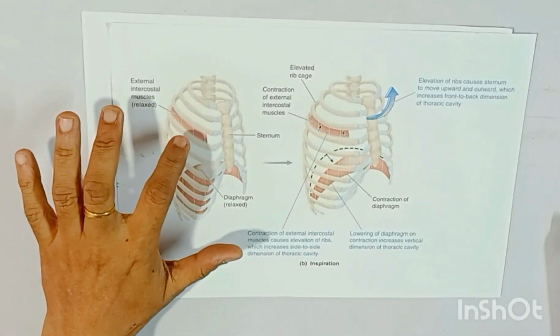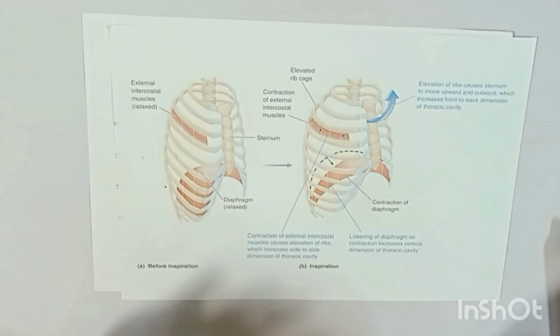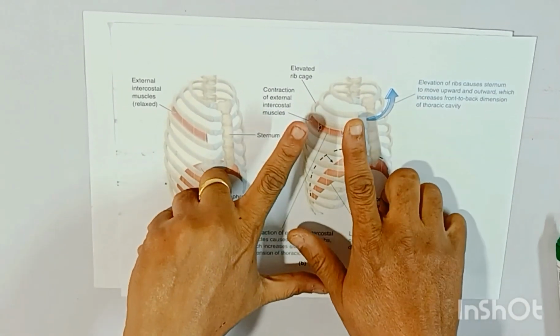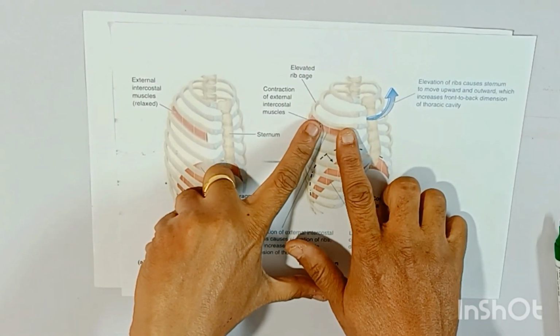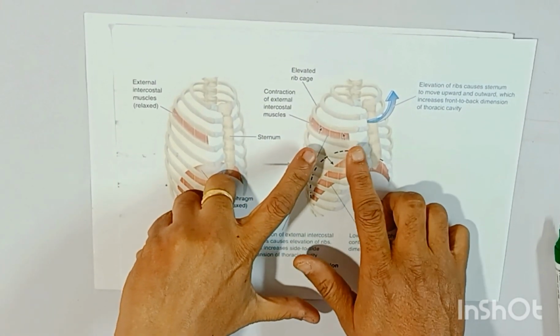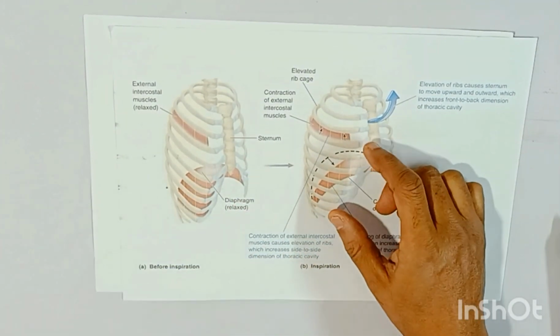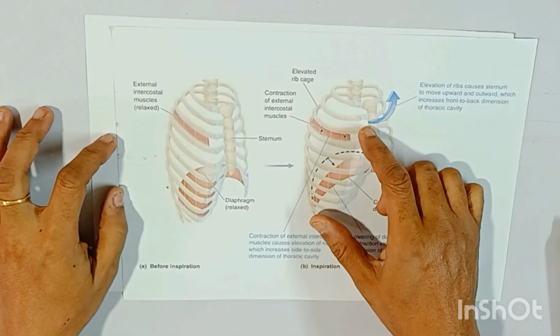So these are the external intercostal muscles. See, the arrows are given upward. The contraction of the external intercostal muscles pulls up the lower ribs from where the upper ribs are placed.